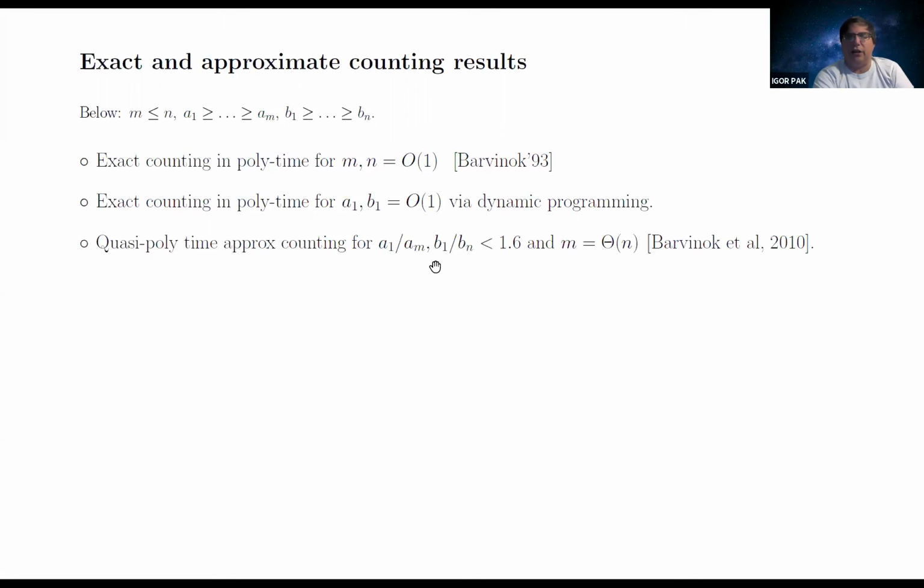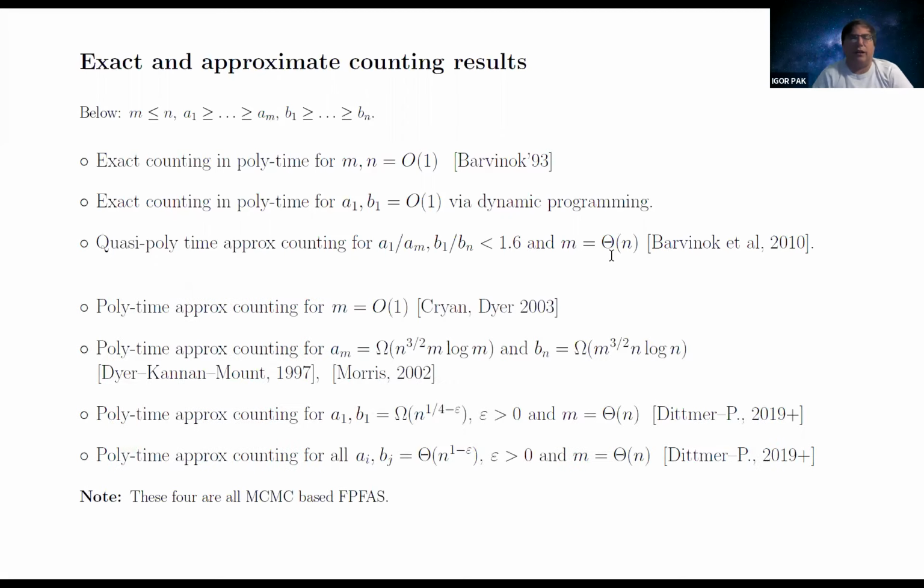In a different direction, Barvinok and Hartigan proved that if the ratio of the largest to the smallest is not too large, and the matrices are close to squares, you can do this in quasi-polynomial time. So these are just some results that are known.